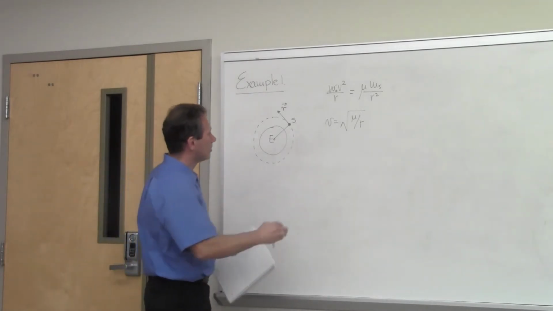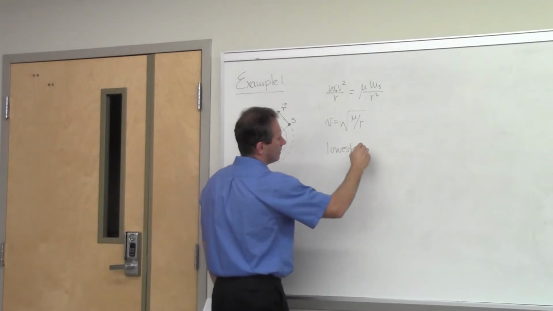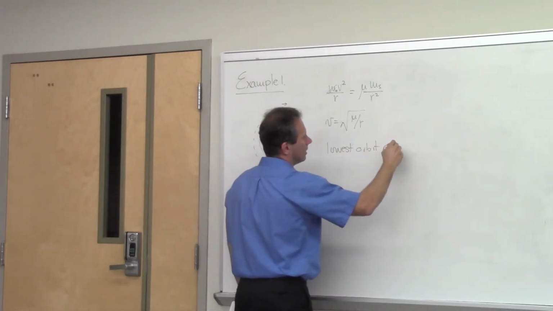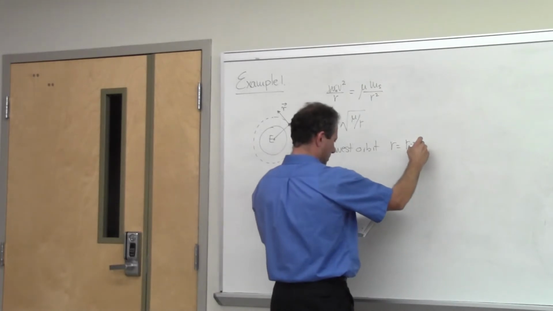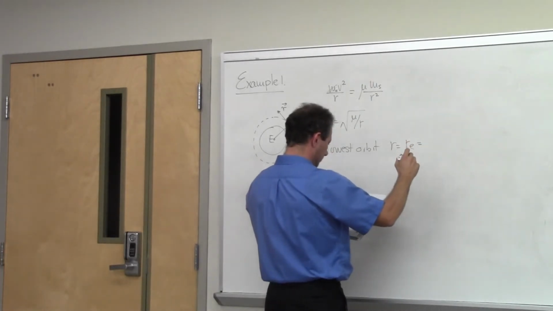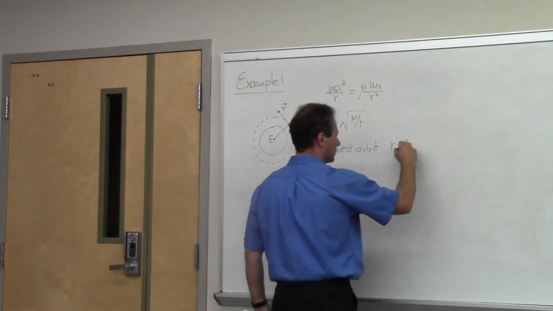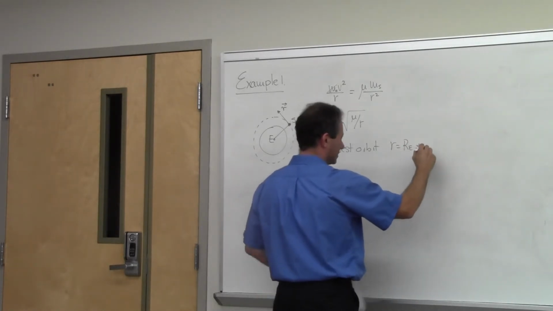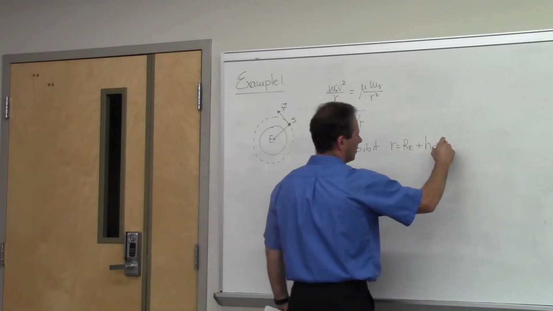The lowest orbit will have your r equal to the radius of the Earth plus the h minimum. Now, what is h minimum?